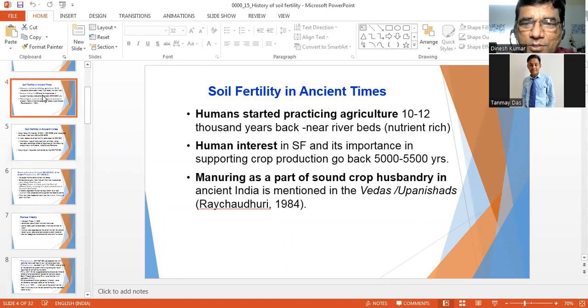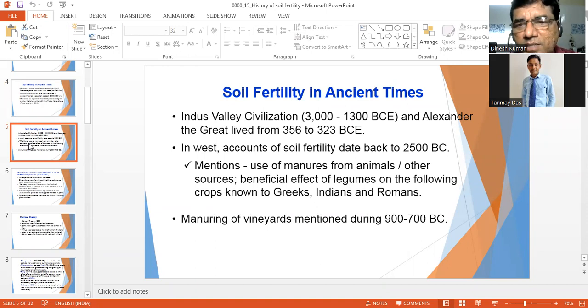Human interest in soil fertility, SF here means soil fertility, and its importance in supporting crop production goes back 5,000 to 5,500 years. See, manuring as a part of sound crop husbandry in ancient India is mentioned in the Vedas and Upanishads. So manuring is there in our Vedas and Upanishads, and there are certain proofs from the Indus Valley civilization, which existed around 3000 to 1300 BC, and Alexander the Great lived around 356 to 323 BC.